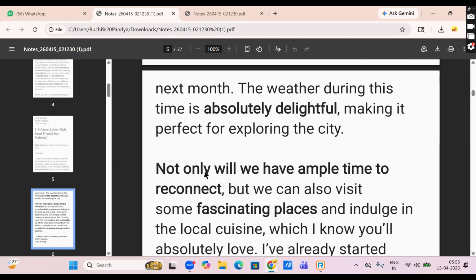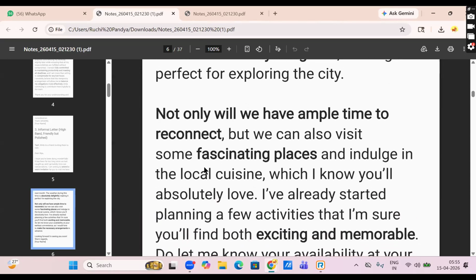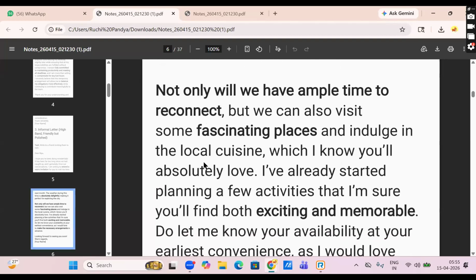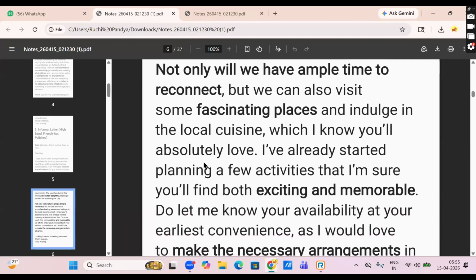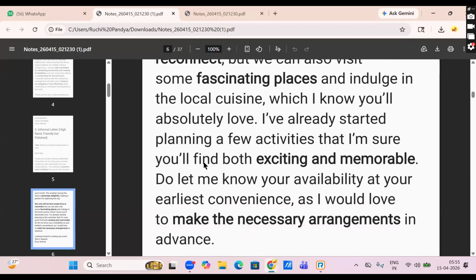It uses inversion. So in these kind of sentences, आप "not only we will" को गलत ही समझो, and "not only will we have ample time to connect, but we can also visit some fascinating places", इसी तरीके से रखना. Got my point? And नीचे मैं करवा रही हूँ, inversion sentences आएंगे नीचे. We are going to be doing that as well.